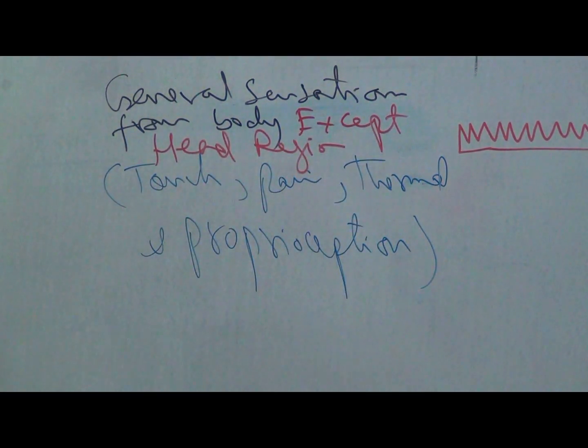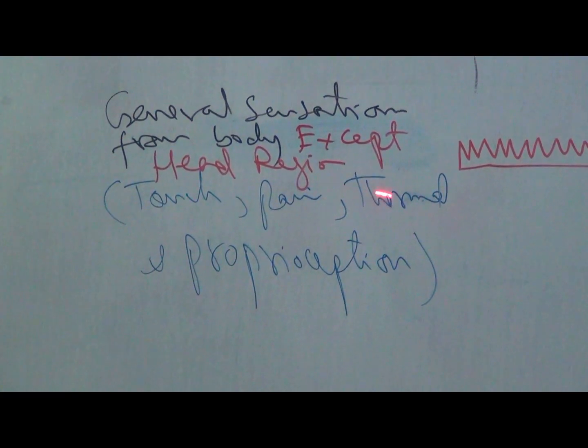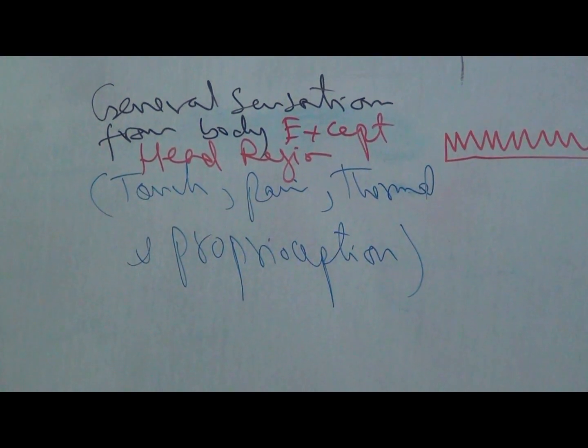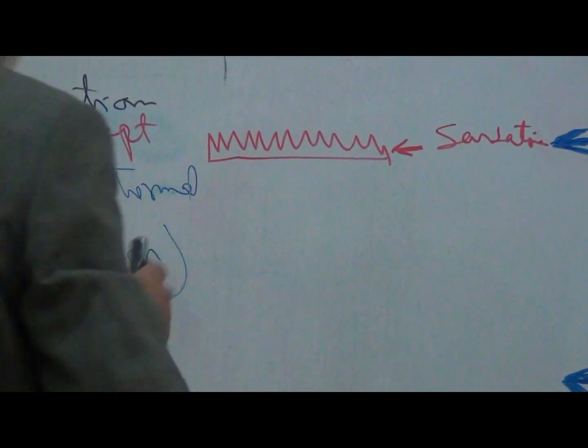All these general sensations, touch, pain, temperature, and proprioceptive sensations from all parts of the body except the head region, are carried to the thalamus.